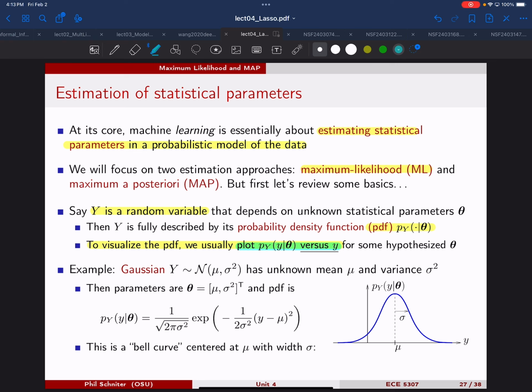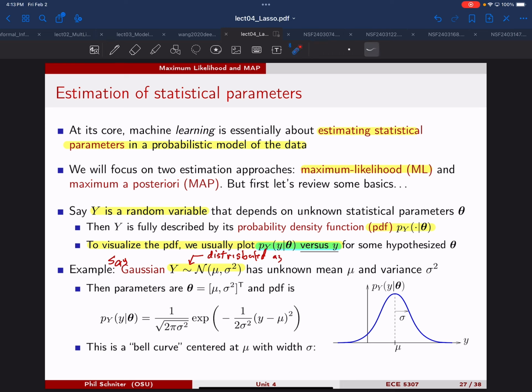So as a simple example, say that we have a Gaussian random variable Y, and this notation here, this squiggly line, sorry, I'm not writing clearly, means distributed as.